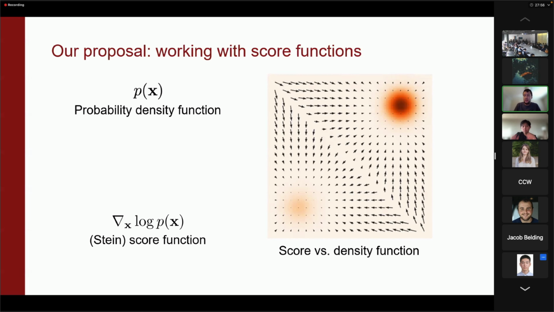At every point you get a gradient, which is a little arrow giving you the direction that you should follow if you want the log likelihood to increase most rapidly. You can see all the arrows pointing towards the two modes of the density p of x that I'm showing here. And even though they are equivalent, because you can always get the density by integrating the log likelihood, it's going to be more convenient computationally to work with the score because, again, it does not depend on the partition function.